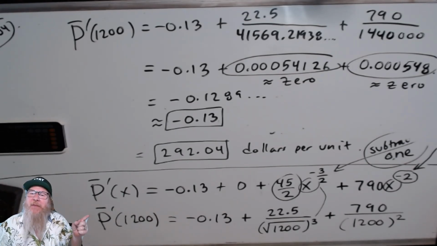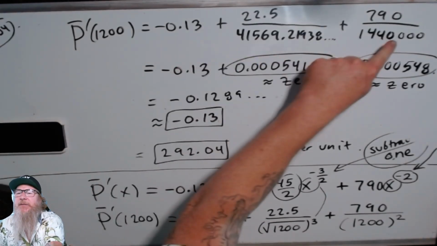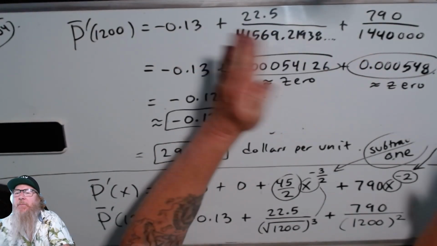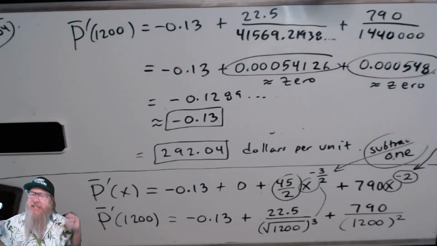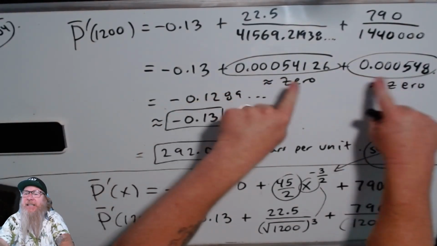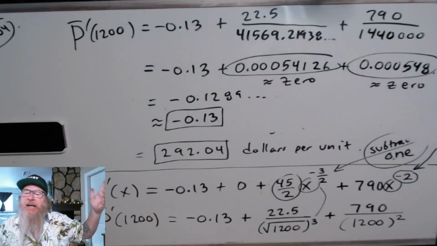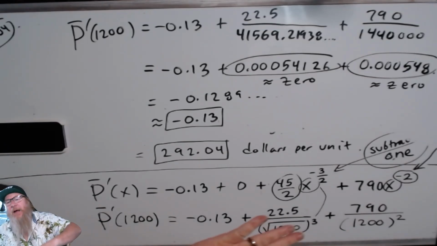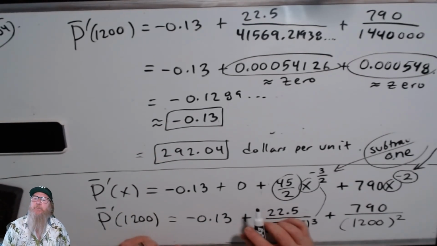However, I will warn you, I've done this problem 100 times, not today, but in my life. And sometimes these things are very small, but when you add them, it gives you another penny. And if it's another penny, that's why I kept all these decimals, then it would change this 13 cents to possibly 14 cents. Or possibly the other way, 12 cents. I don't know. It's negative, so I guess it would be 12 cents. Negative 12 cents.